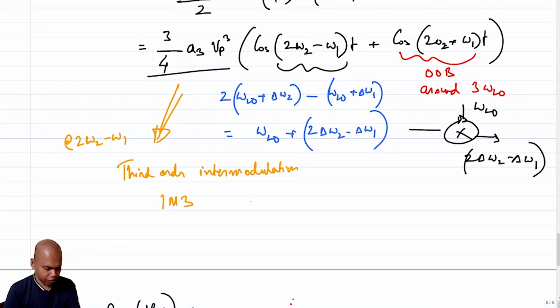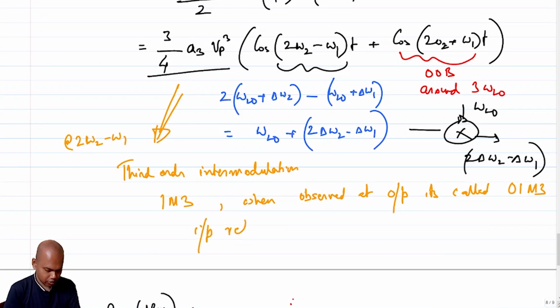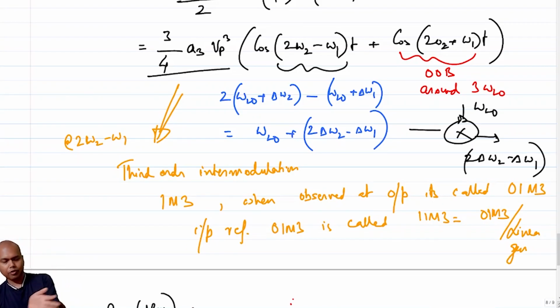So similarly, like before, when observed at output, it's called OIM3, and input referred OIM3 is called IIM3, which is OIM3 divided by the linear gain. In dB terms it is basically OIM3 minus the gain, right, when you are expressing in dBm.